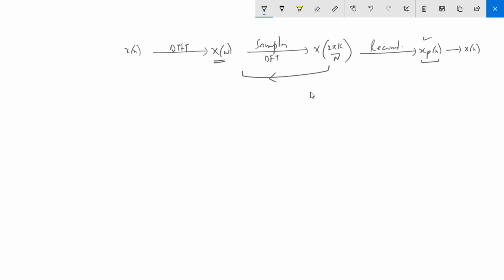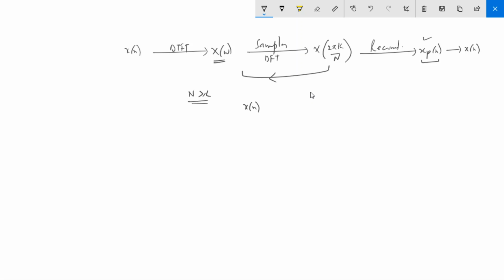Okay, so for that we use the same equations. Now assuming that N is greater or equal to the length of the sequence, your xp(n) and x(n) both are the same.